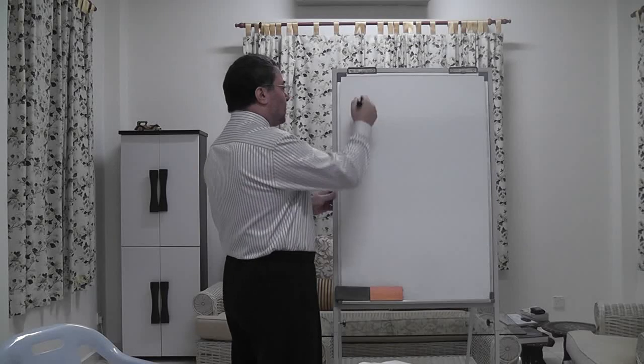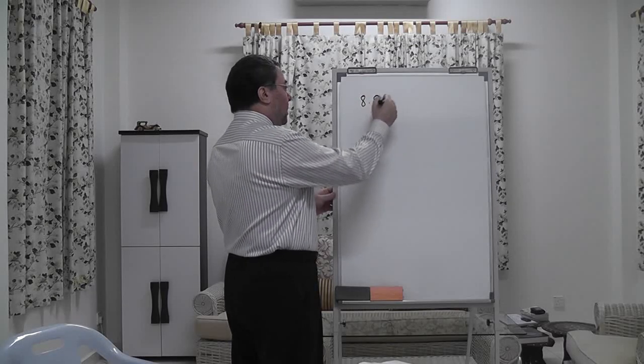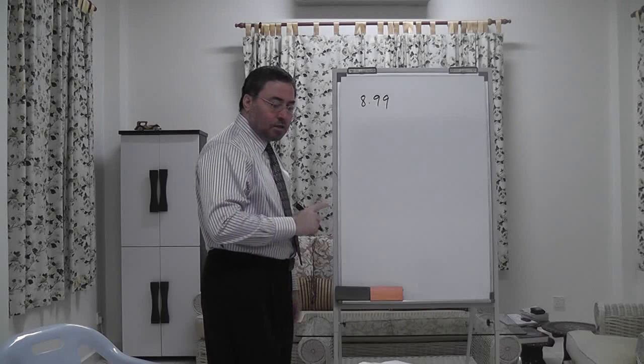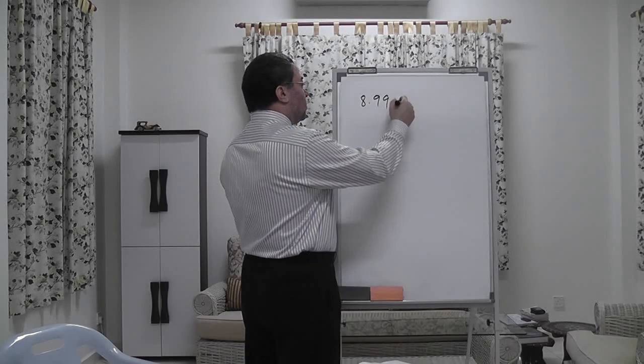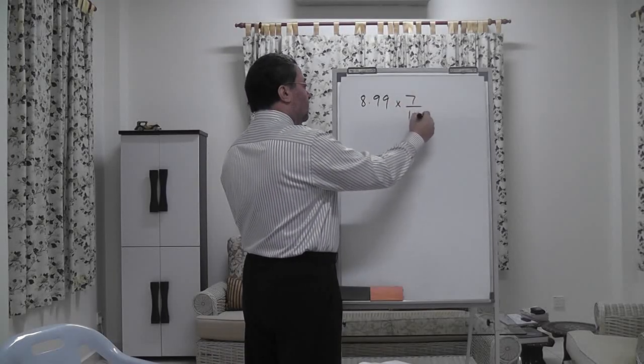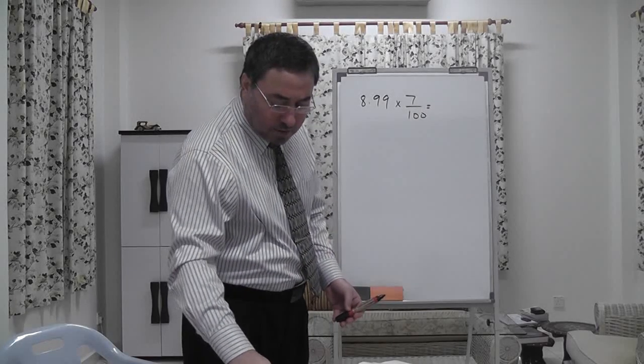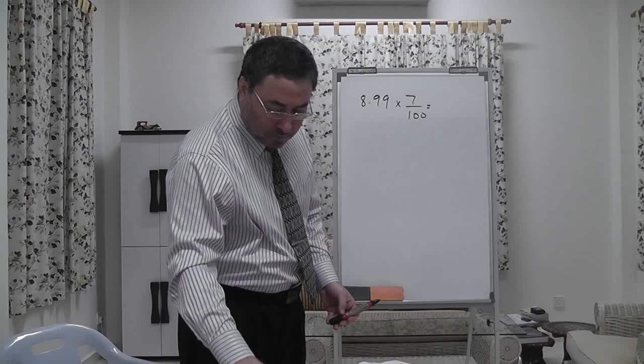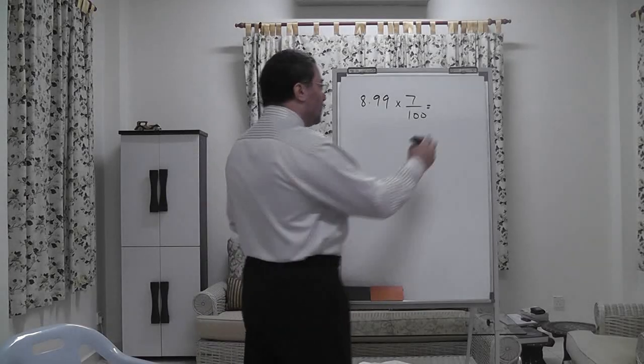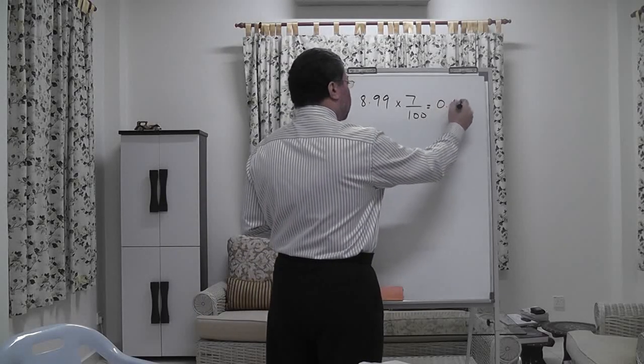7% of the price. The price is 8.99 and we need to get 7% of this, so times 7 over 100, and that gives us the amount of tax that's added to the price, and that's rounded is 0.63.